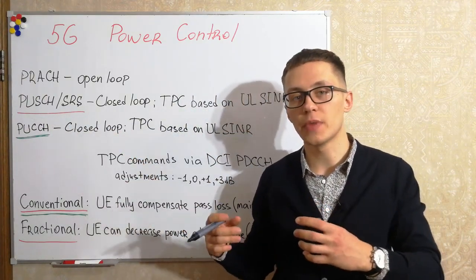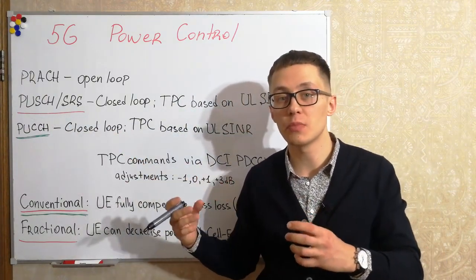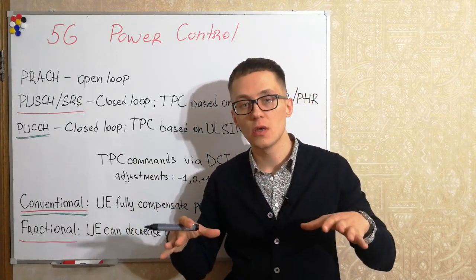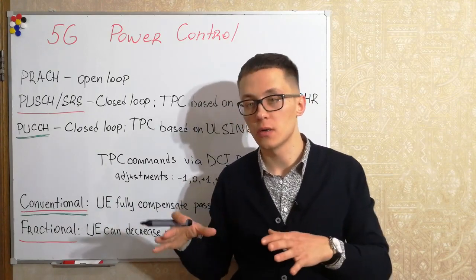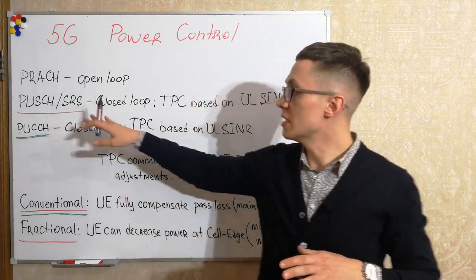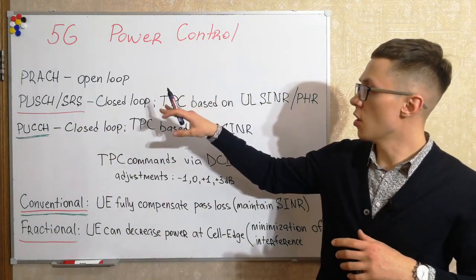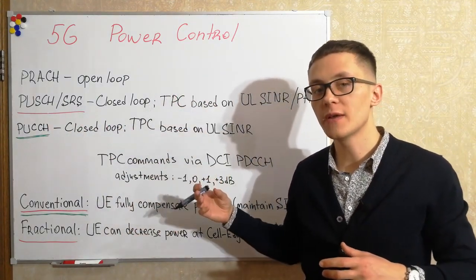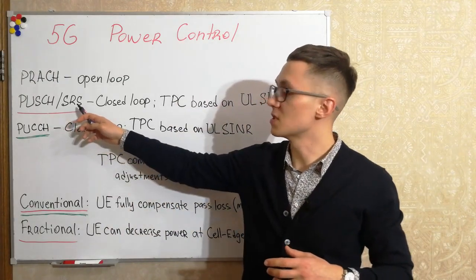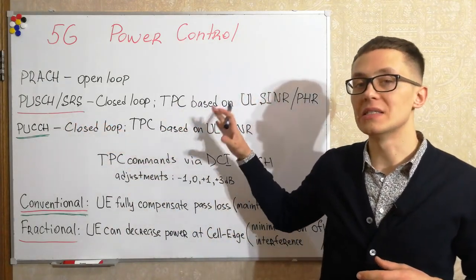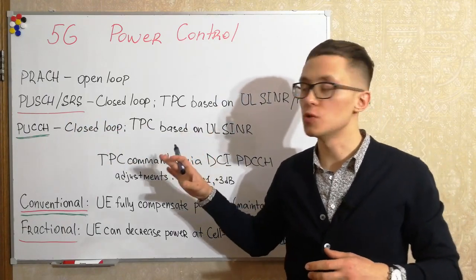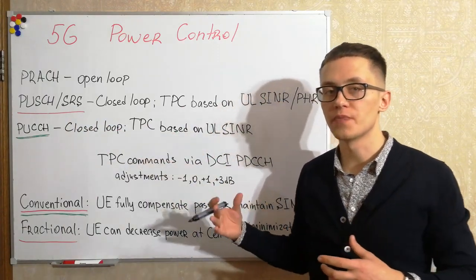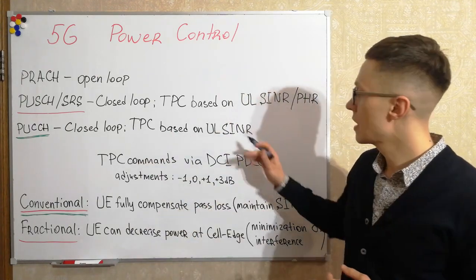The DCI commands can be absolutely the same in order to achieve coherence between those signals. But in other cases, if we need, we can configure sounding reference signals with other DCI commands in order to make it a kind of separate estimation and transmission.